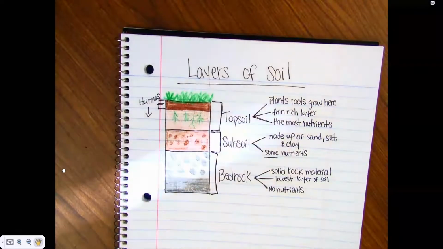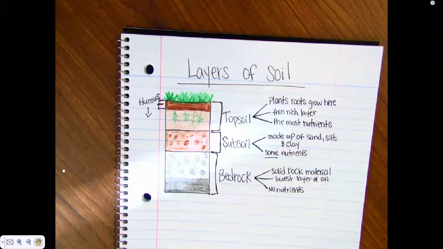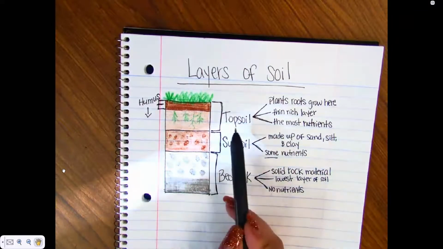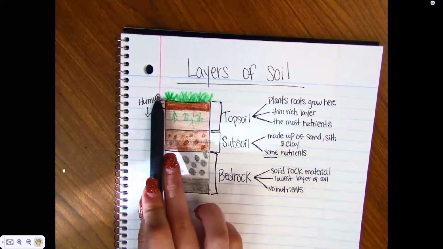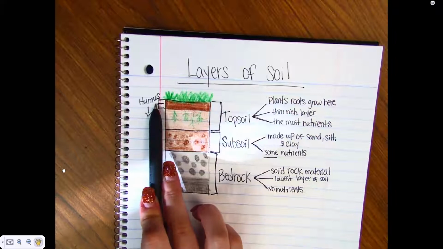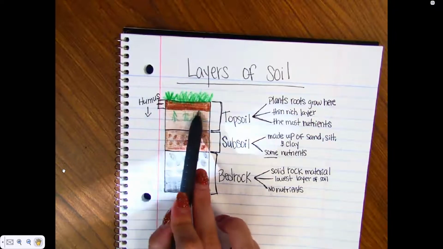Grace was the one that told me yesterday that topsoil has decomposed dead plants and animals in it. Well, those decomposed plants and animals are actually found in the humus, this top layer.